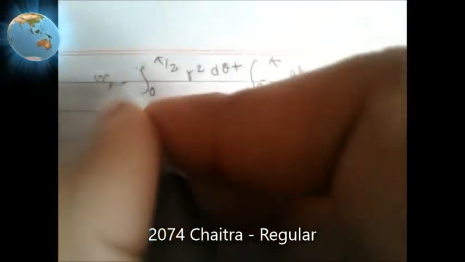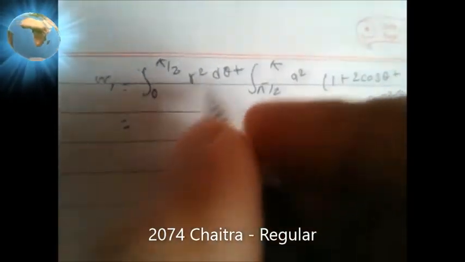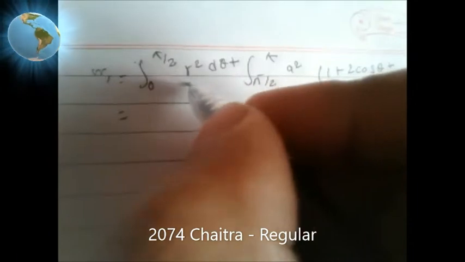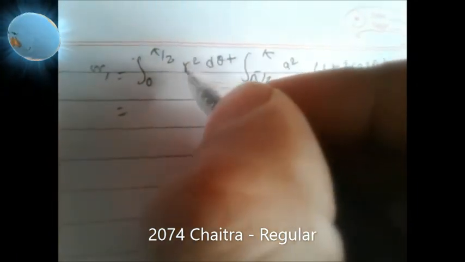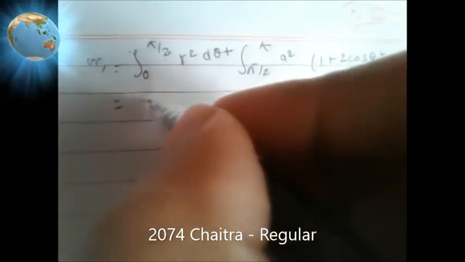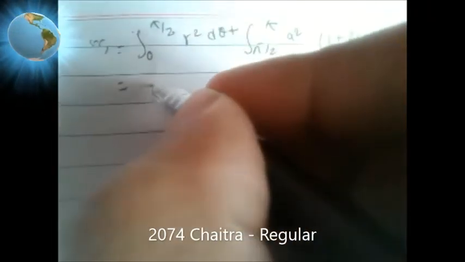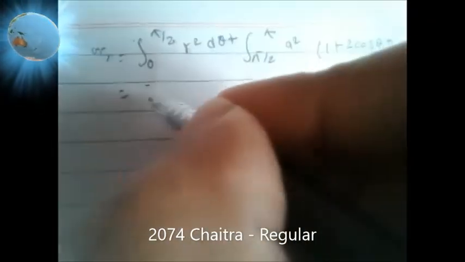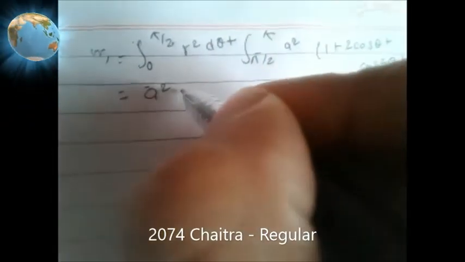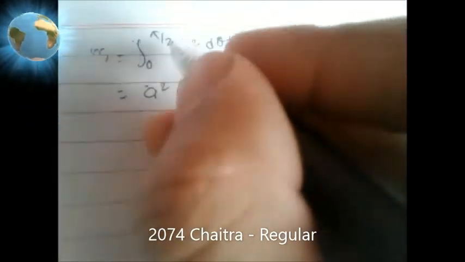Then r square is a square, so we take it out.